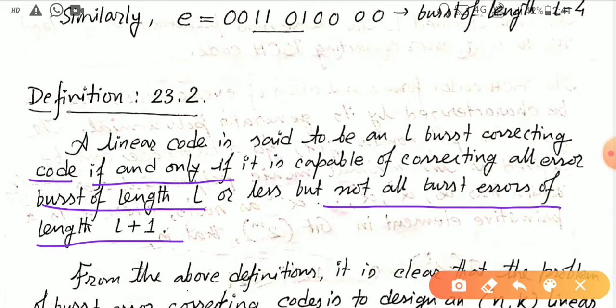So when will a linear code be an L burst error correcting code? Only when that particular code can correct bursts of length L or less, at that time it will be defined as an L burst correcting code.